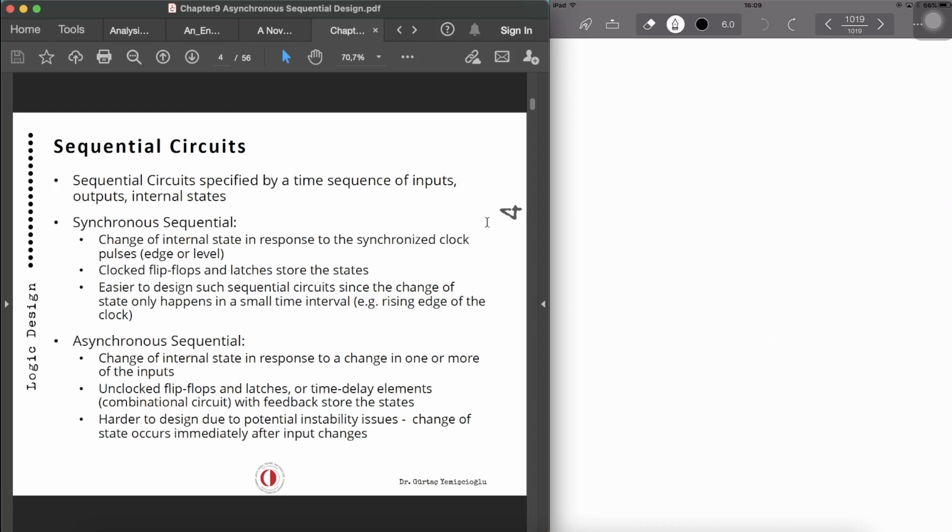And asynchronous: change of internal state in response to a change in one or more of the inputs. Unclocked flip-flops, latches, or time delay elements like combinational circuits with feedback store the states. They are harder to design because of the potential instability issues, and the change of state might occur immediately after the input change.